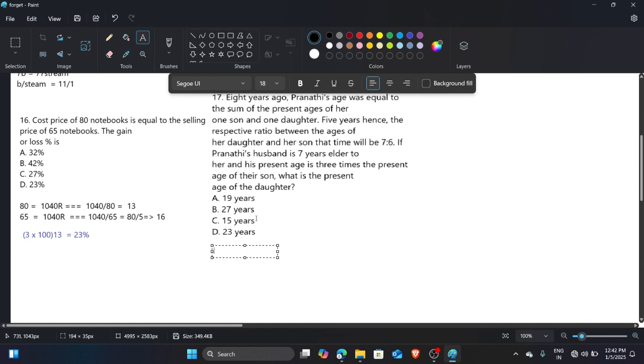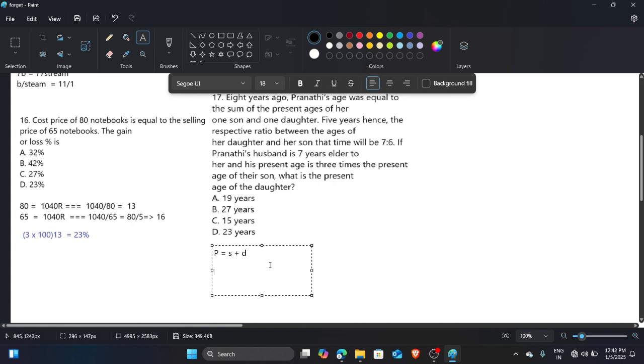Okay, so I take it as P is equal to the sum of the present ages of son plus daughter. 5 years hence, the respective ratio between the ages of her daughter and the son at that time will be 7 to 6.